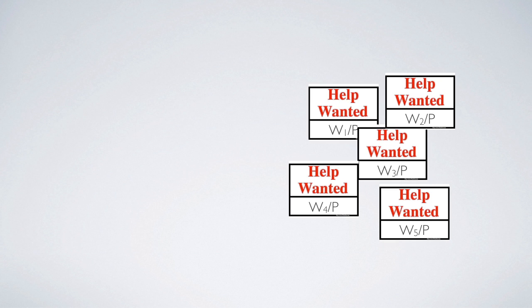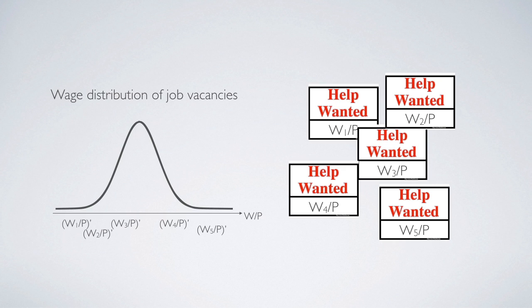So there are so many different jobs that can possibly be offered to the unemployed worker. And different jobs have different wage rates. Therefore, we will see that there is some kind of wage distribution of all job vacancies. And for any unemployed worker, he has some kind of threshold in mind. With this threshold, if he bumps into a job vacancy that has a wage rate offer on the left of the wage distribution, then he would reject the job.